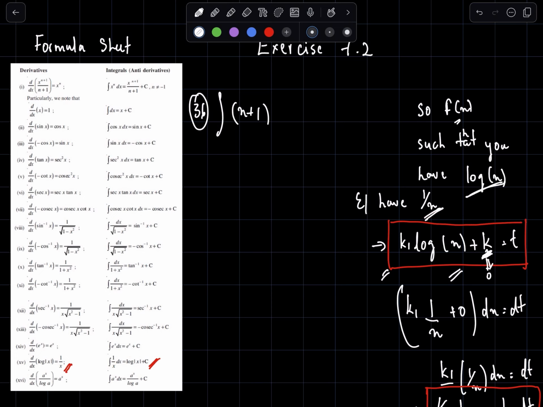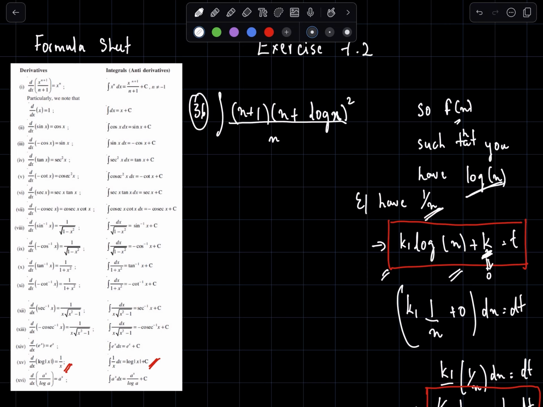Okay. X plus log x the whole square divided by x. Oh, okay, this is a very good question. I like this one. This is very good.